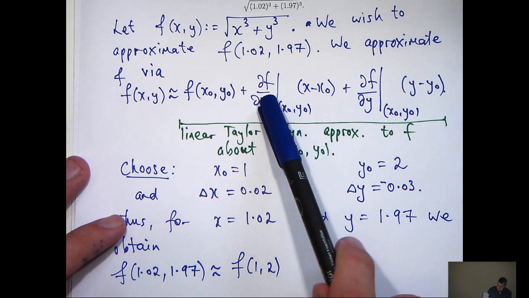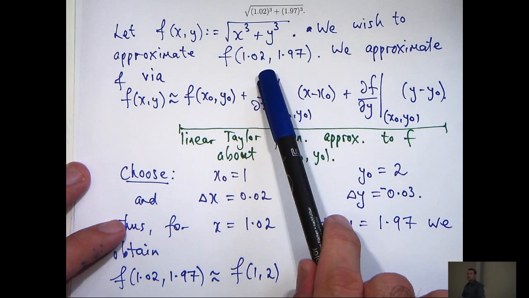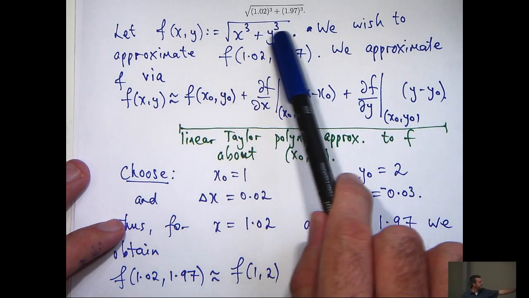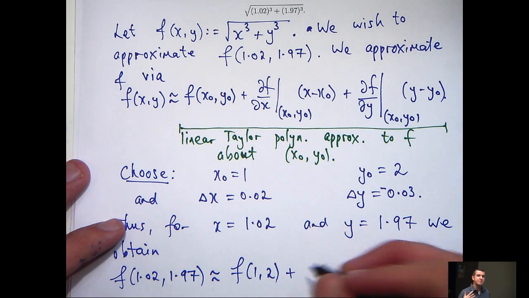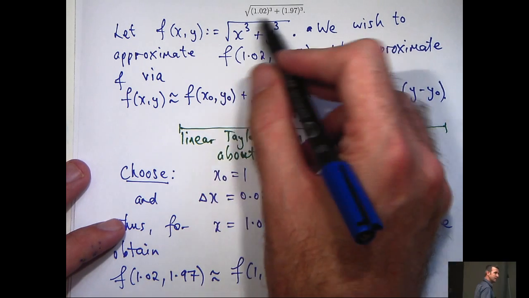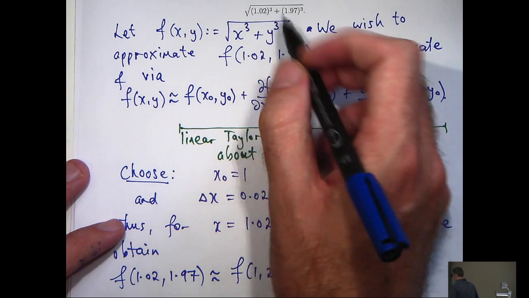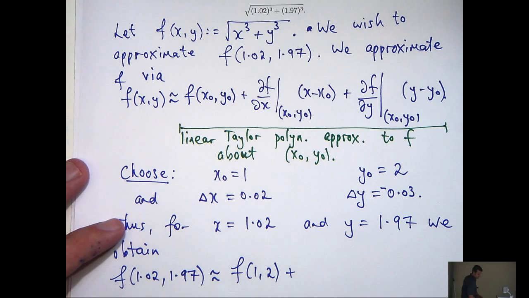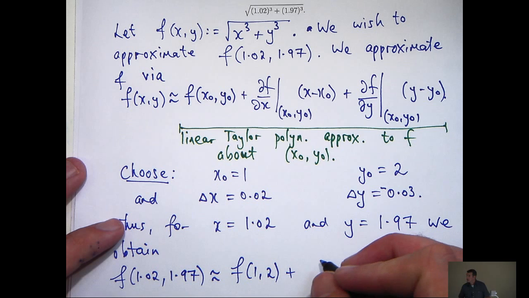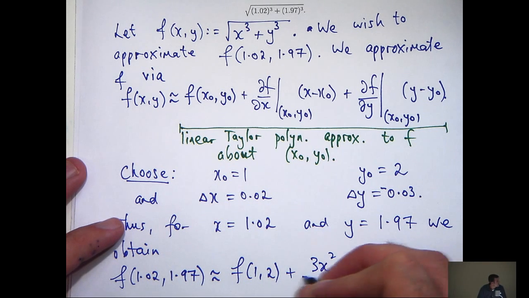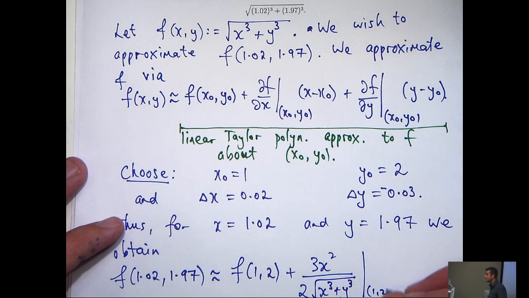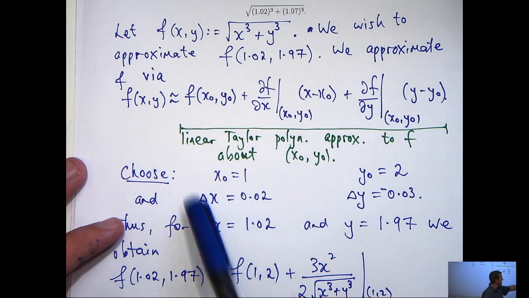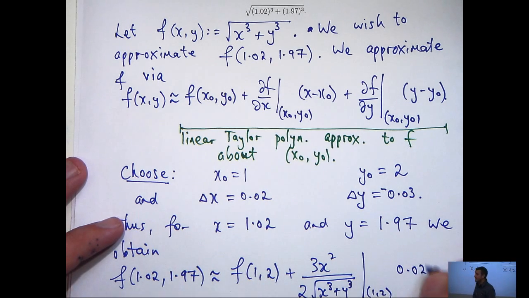Then we need to calculate the partial derivative with respect to x from this function here and evaluate it at the point 1 comma 2. So if I calculate the partial derivative holding y fixed and differentiating normally with respect to x, I'm going to have something like this. And x minus x0 is actually just delta x, so I can multiply everything by 0.02.